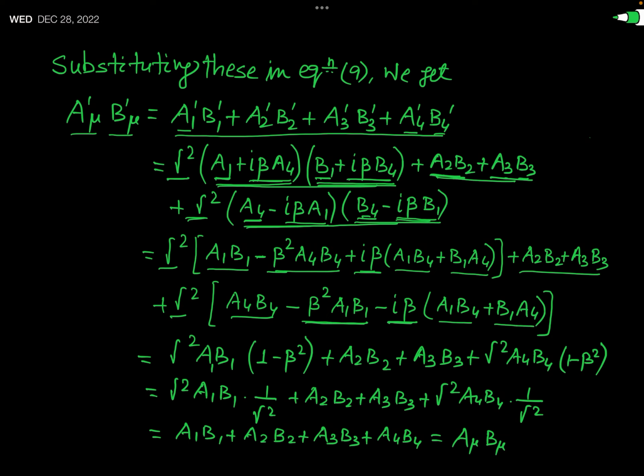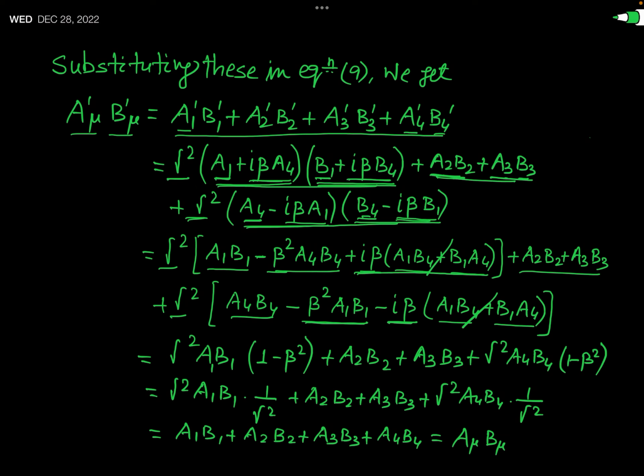Now you can see this term, minus iβ(A1 B4 plus B1 A4), and this term, plus iβ(A1 B4 plus B1 A4). These two terms will cancel out. Have you understood or not? Gamma square is common and one term is positive and another is negative. So these two terms will cancel out.